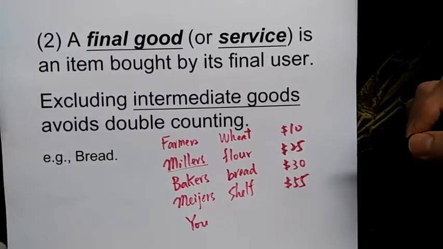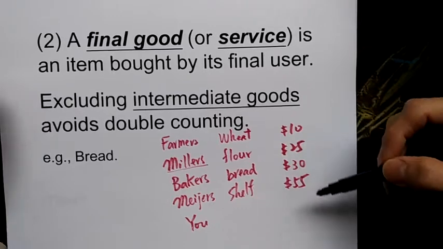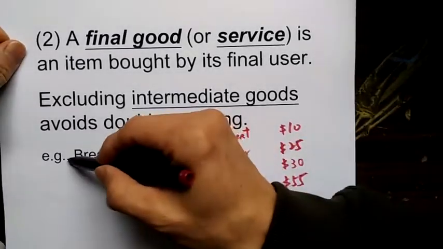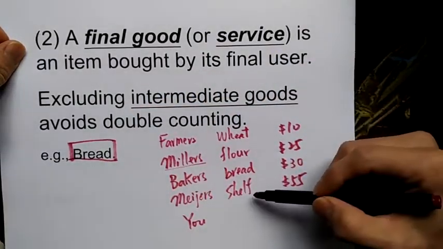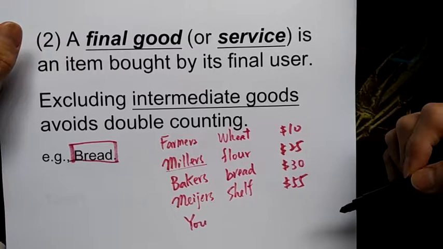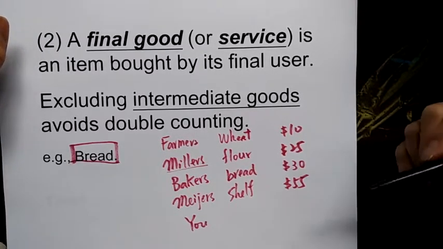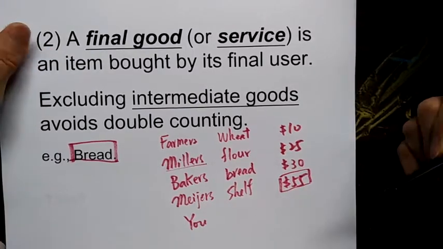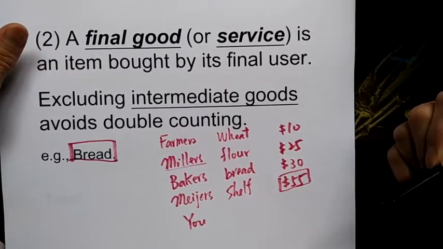Alright, then what is the value of the total production of this economy during this process for this shelved bread? The answer should be $55. Why?